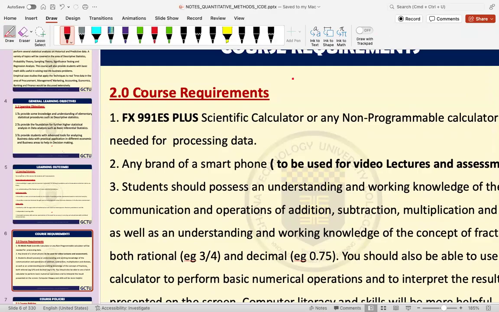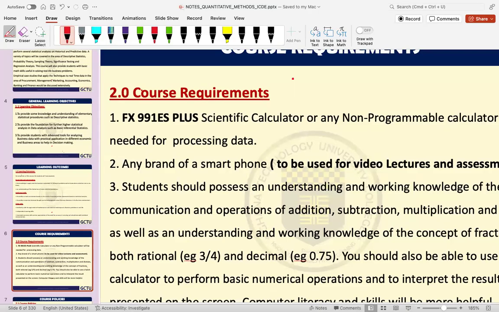So if you don't have any of them, and then you can have somebody's laptop or desktop, just start making arrangements so that when we start the data analysis and interpretation, you can be able to follow what we do.